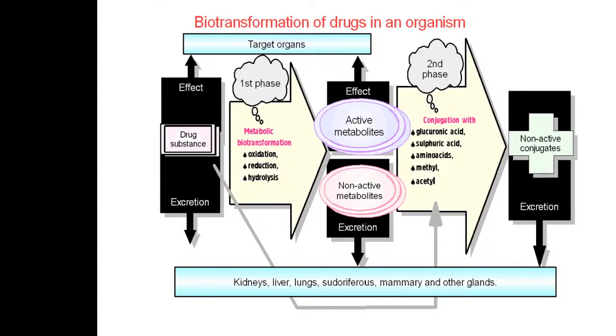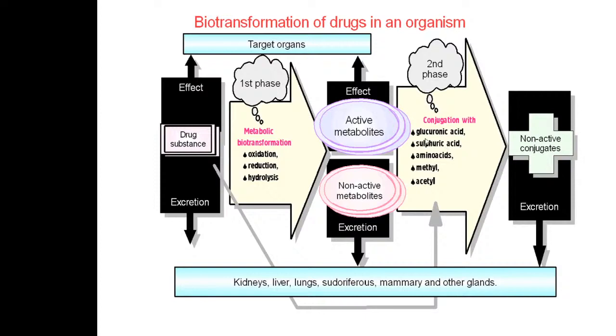After this, the metabolite passes the second stage, which is called conjugation, because of conjugation of the metabolite of the drug with endogenous metabolites: glucuronic acid, sulfuric acid, amino acids, methyl, acetyl. This conjugation leads to the appearance of new substances.